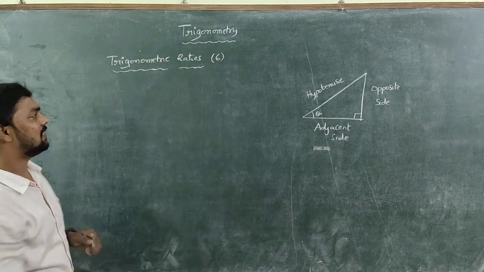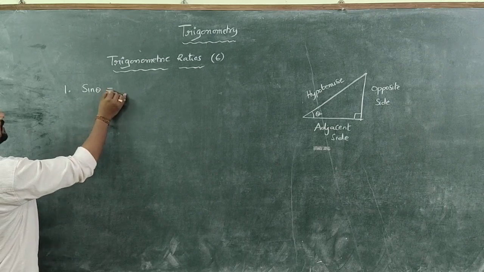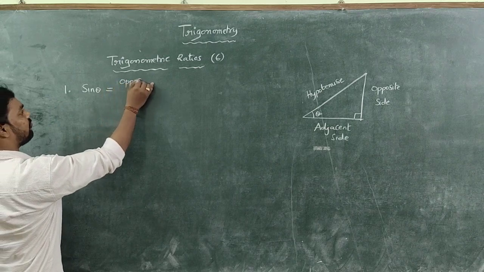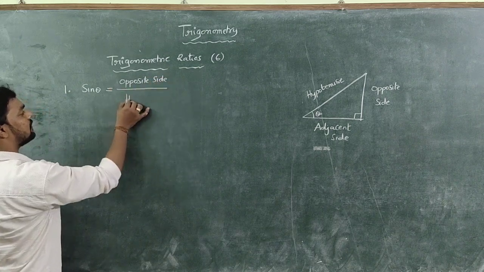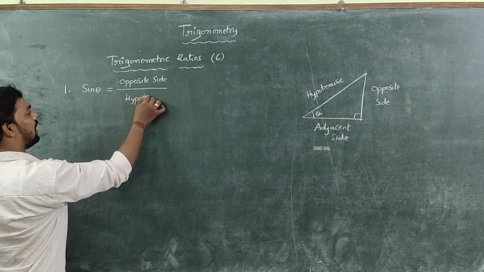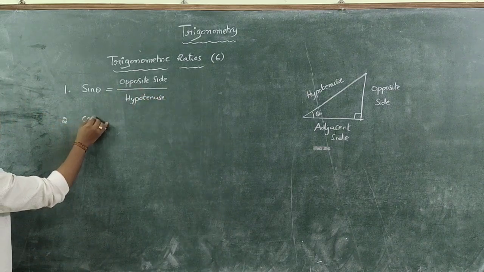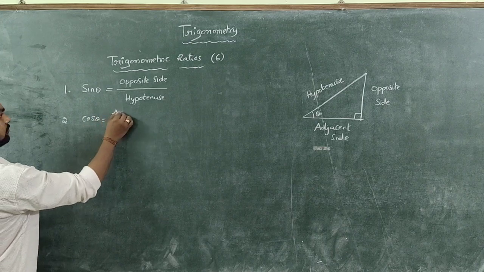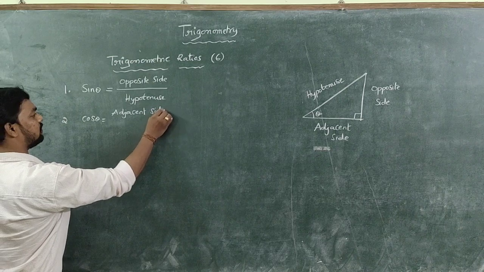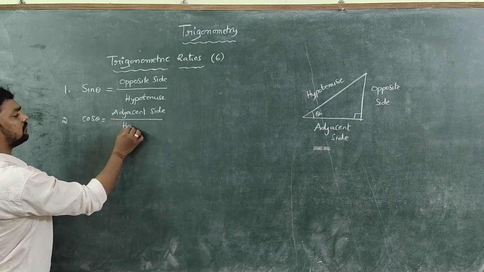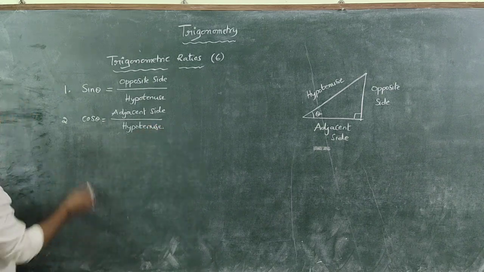The first one is sin theta. Sin theta is equal to opposite side by hypotenuse. The second one is cos theta, which is adjacent side by hypotenuse.